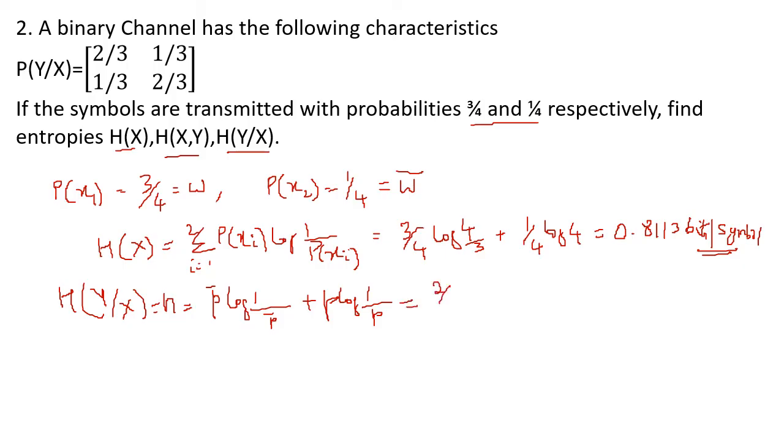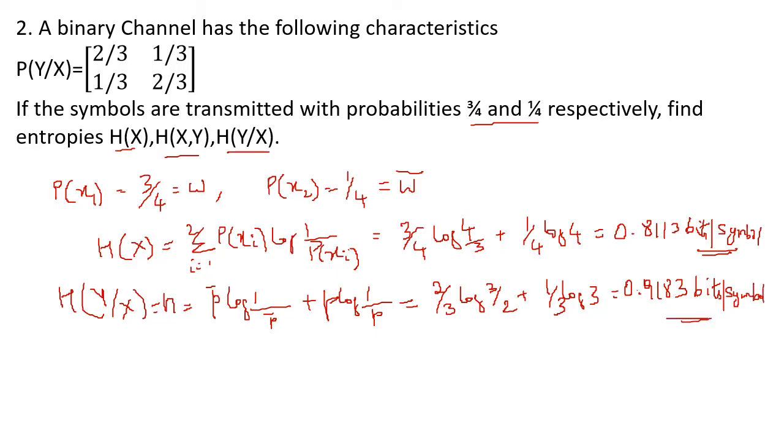It will be equal to 2/3 into log 3/2 plus 1/3 into log 3. So after substitution, we can get H(Y/X) as 0.9183 bits per symbol. So this will be the H(Y/X) value.